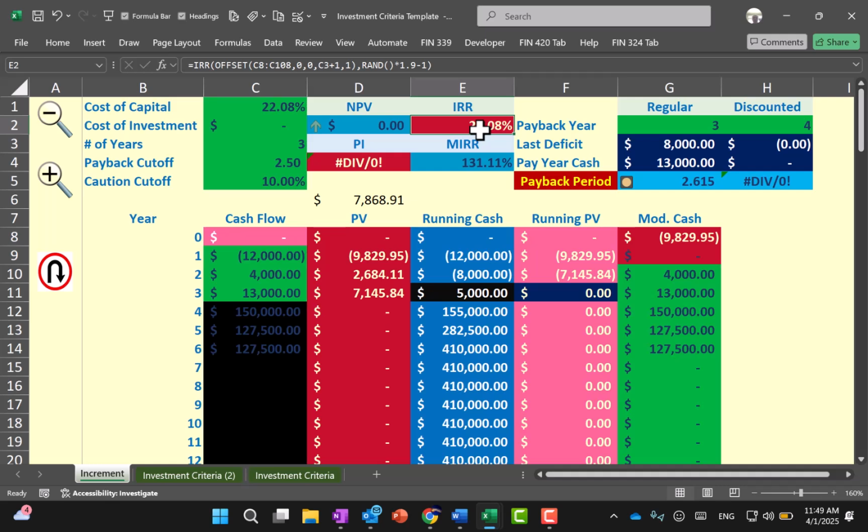It just gave me the IRR is 22.8, but maybe there is an alternative solution.